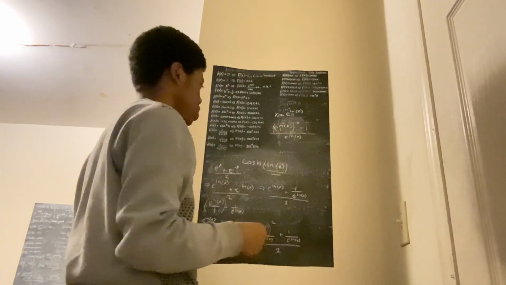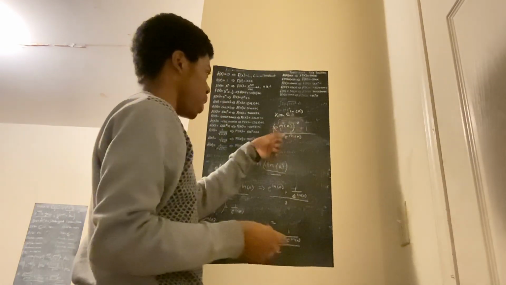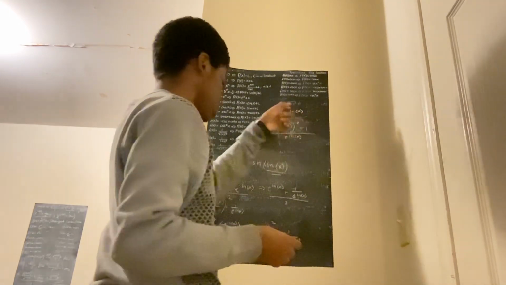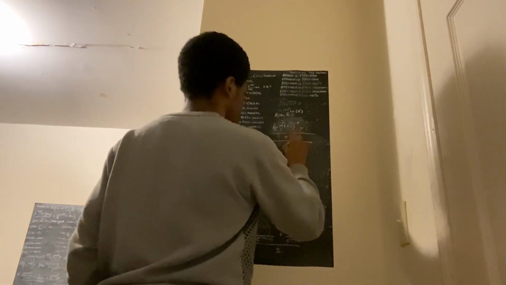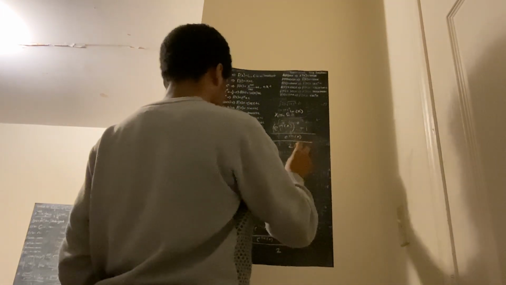And since I said x equals e to the power of ln of x, over 2. I almost forgot that over 2. Almost a silly mistake.